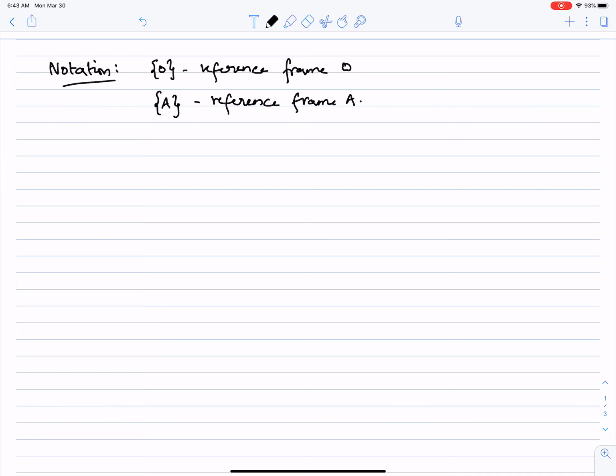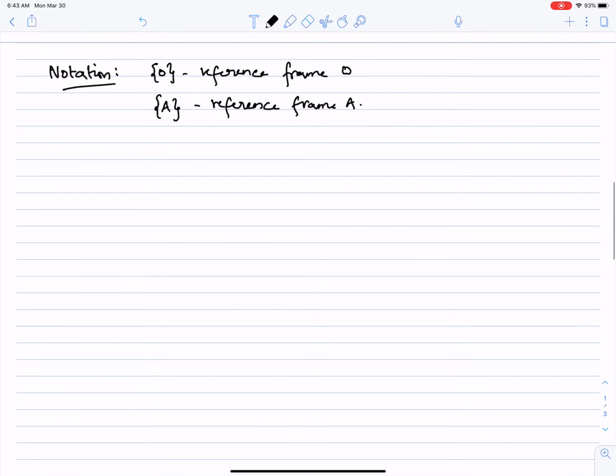So we may use the notation reference frame 0, something like this, or something like A would mean reference frame A. Okay, it's convenient to have numbers because maybe we'll have n rigid bodies and maybe we will associate a reference frame with each rigid body.